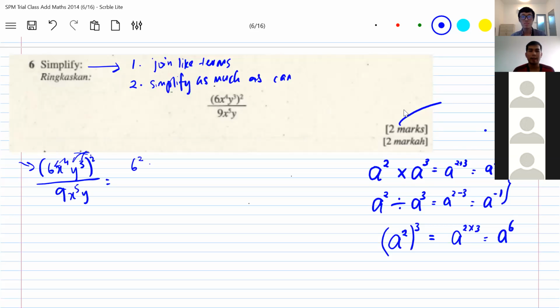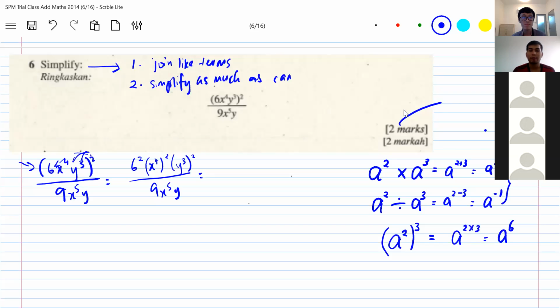Alright? And x⁴ squared, y³ squared over 9x⁵y.